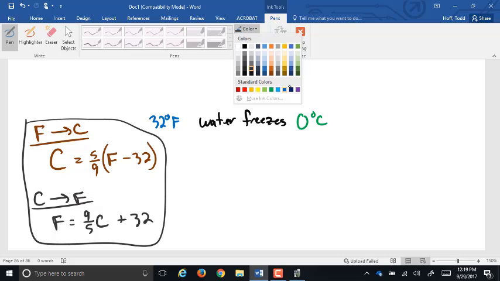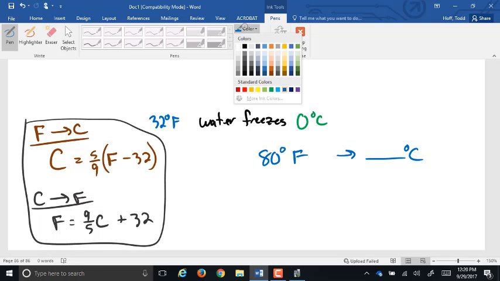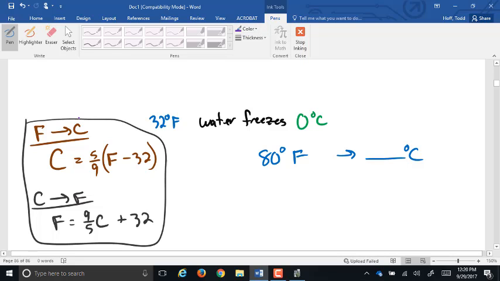So if I give you a temperature of 80 degrees, now let's do one that'll work well. 80 degrees Fahrenheit, let's convert it into degrees Celsius. So we're going from Fahrenheit into Celsius. So Celsius is 5/9 times 80 minus 32. So it's just order of operations.